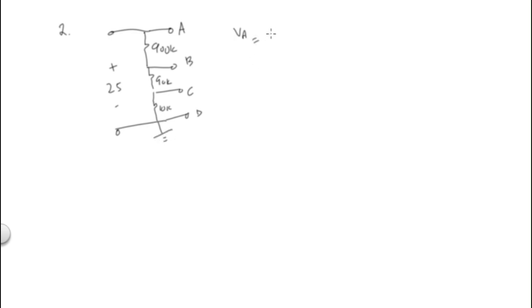VA is equal to what? 25, right? It's the whole resistance, so it's all of it. VB is equal to the output resistance, or 90 plus 10, or 100K, over all of it, which is 900 plus 90 plus 10, times 25.